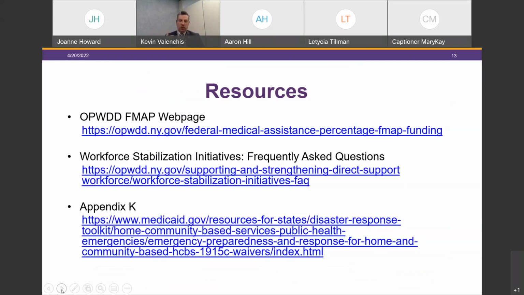We have a workforce stabilization initiatives frequently asked questions page, which Joanne talked about earlier. These FAQs will be updated regularly, so I would encourage you to look at them. We're not going to be sending out emails saying what's new today on the FAQ website, but make sure you're looking back here regularly, because a lot of the questions we've been seeing have already been addressed through the general direction and guidance we've given on our FAQ website.